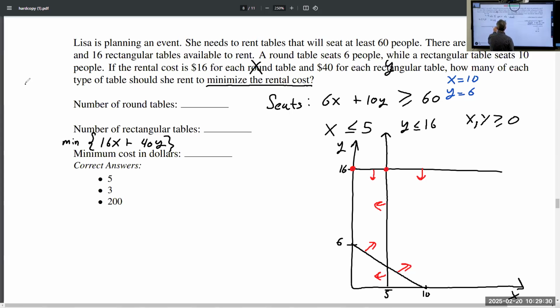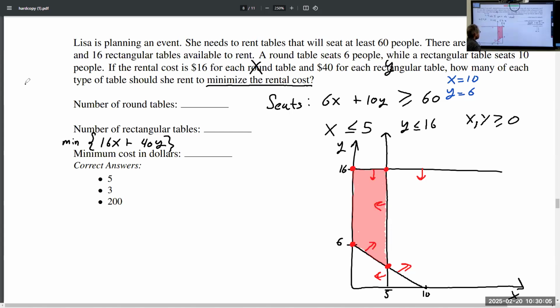There's a corner point. There's a corner point. So I think that's my region, and those are the corner points.